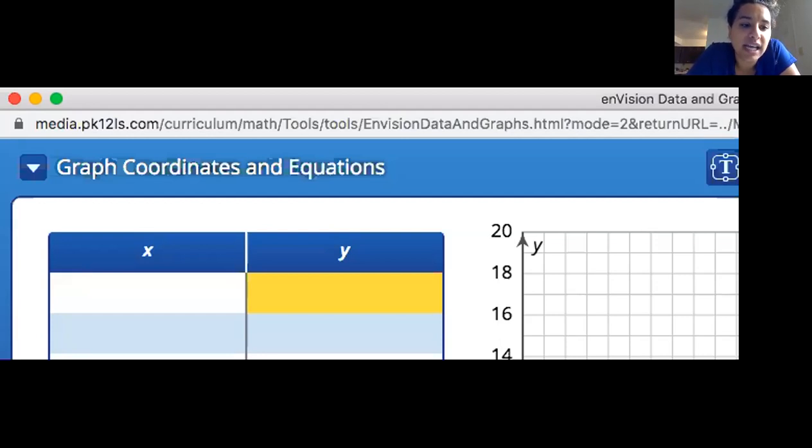Each box will contain either regular or jumbo muffins. Complete the table to show how many of each muffin will fit in 2, 3, or 4 boxes. Then generate ordered pairs and graph them. Okay, so there's a lot of different tasks here. Let's start with completing the table first.